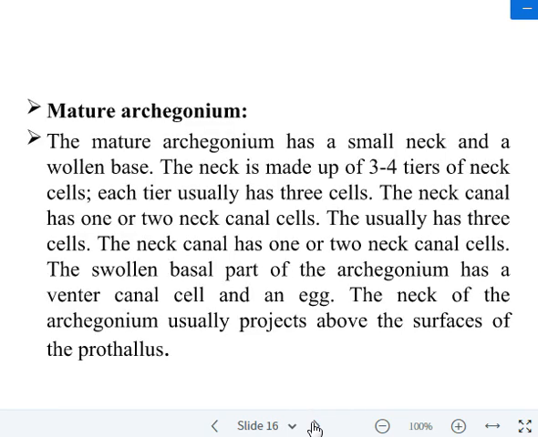After dispersal of spores from the sporangium, what happens? Spores, after absorbing water, become active and germinate and produce a monoecious prothallus because Equisetum is a homosporous fern.